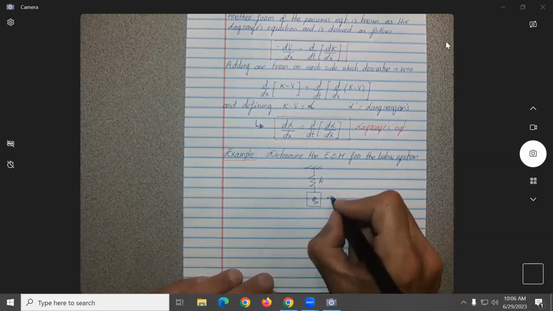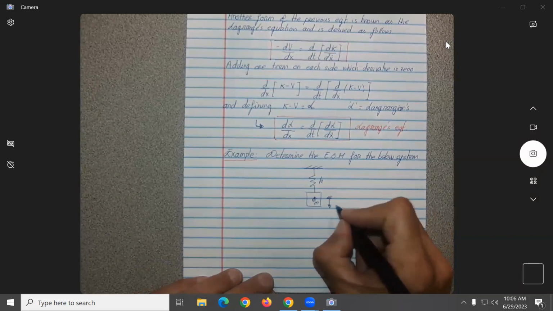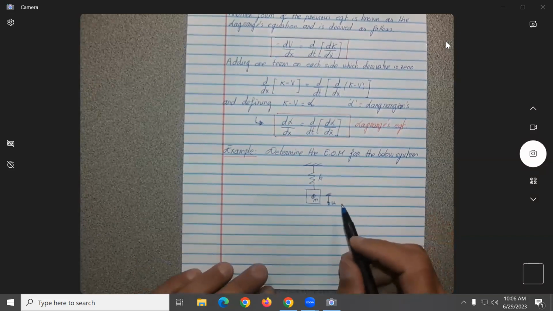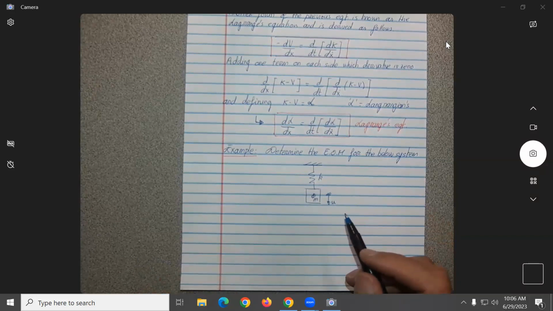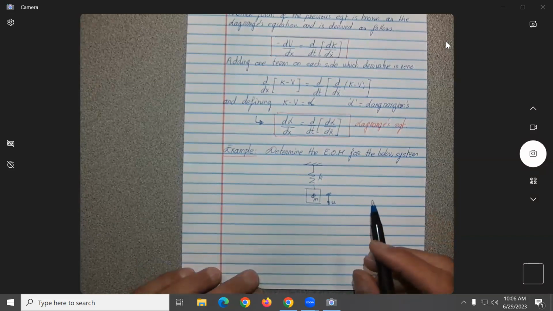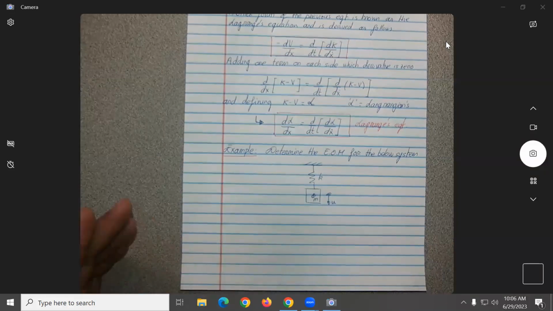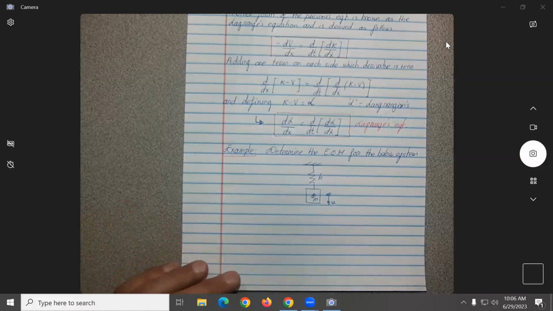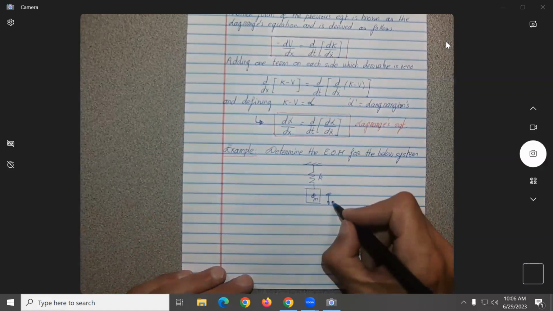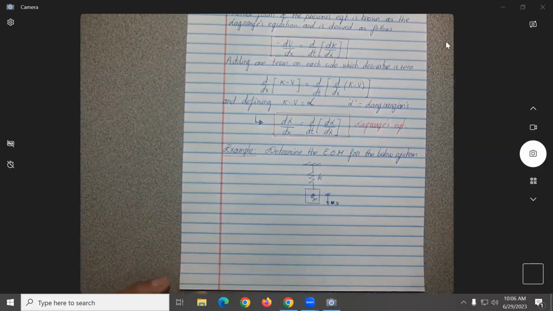The other day we said that we need to select an origin for the coordinate system, no? All right, so we have this system, and since we use X, let's call this one X, I think it would be easier, okay?